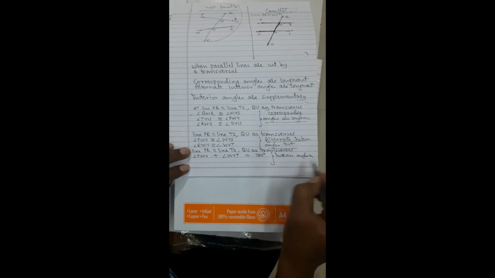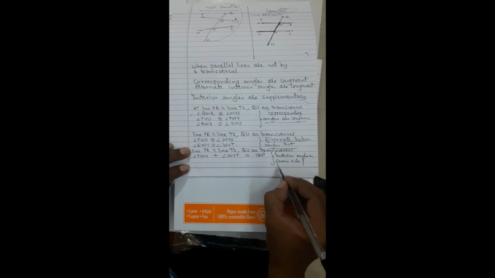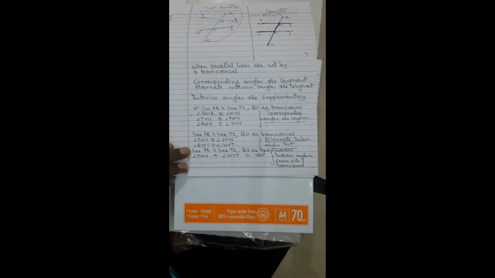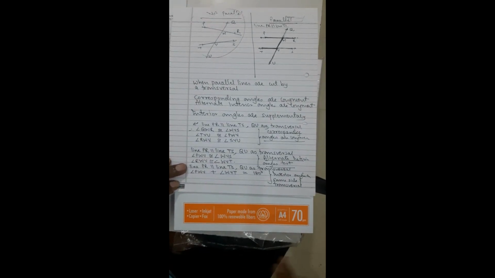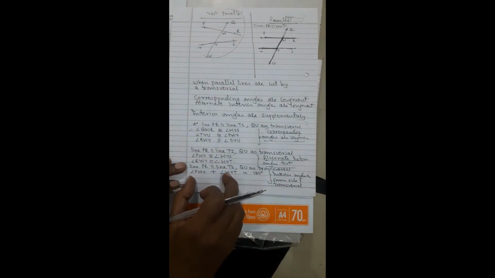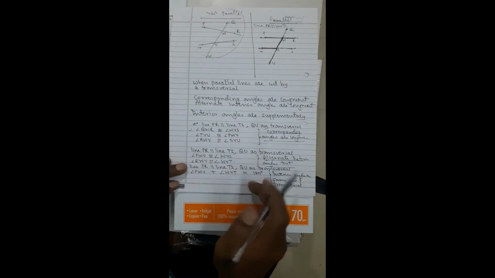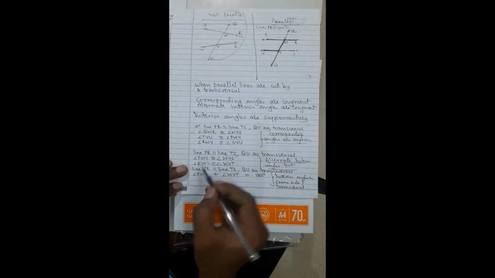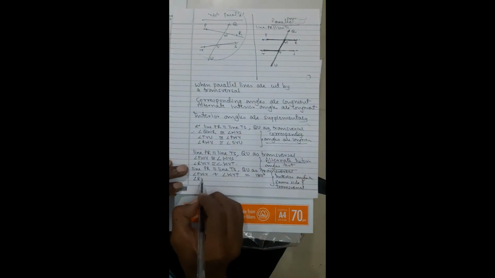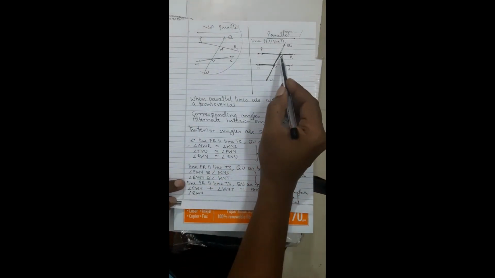Angles on the same side of the transversal. When we have interior angles which are on the same side of the transversal, the sum of those two interior angles will be 180 degrees. Similarly here, angle RWV, and who is the interior to that?